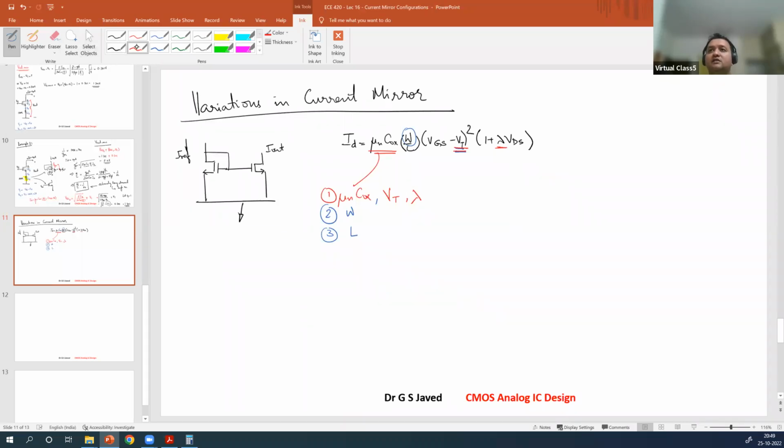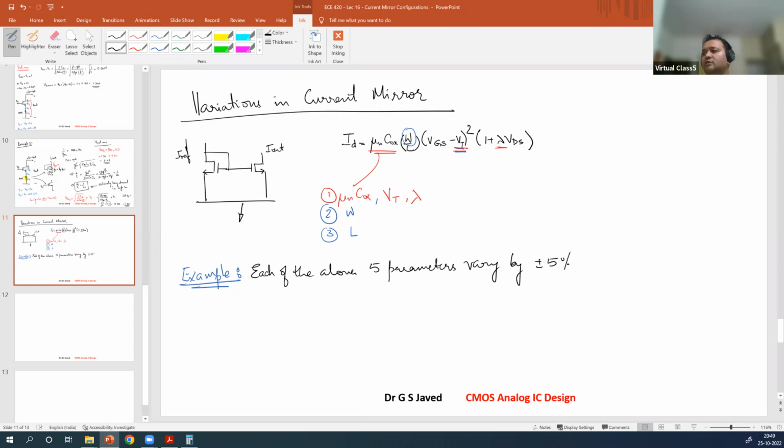And if you take an example, each of the above 5 parameters varies by plus minus 5%.